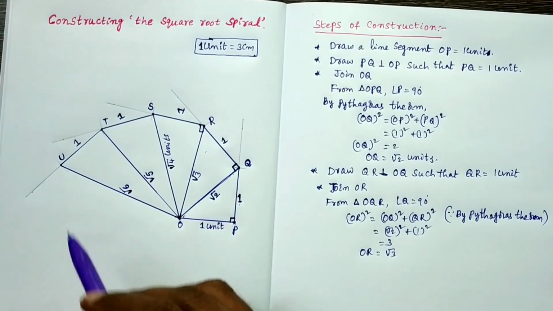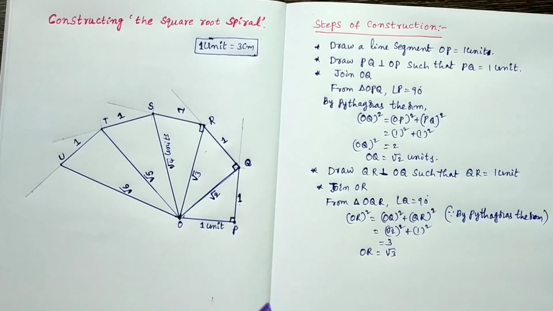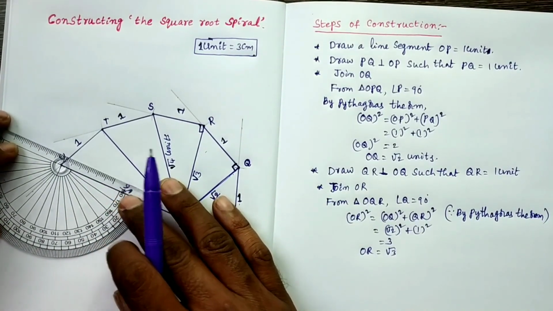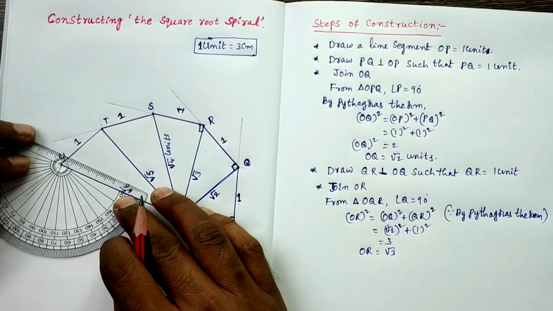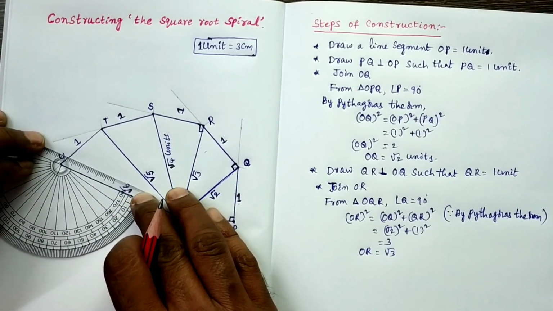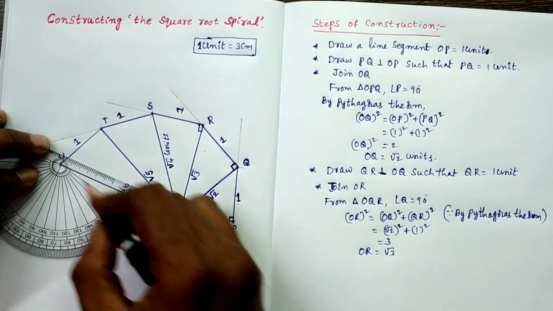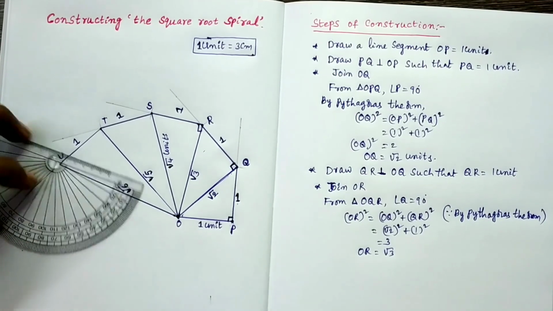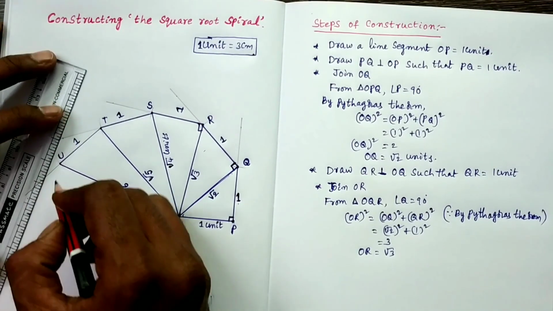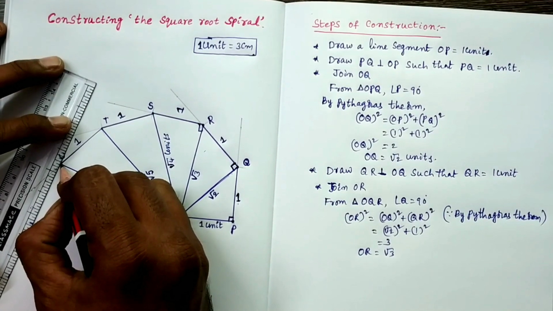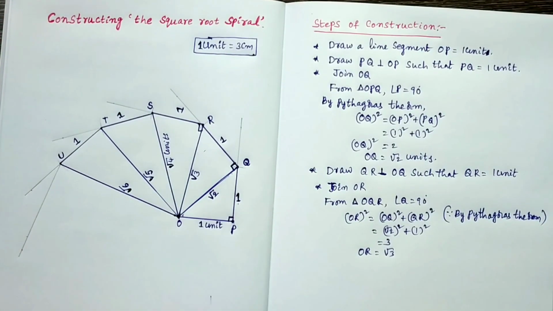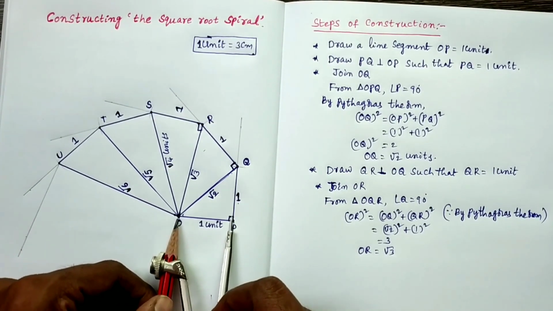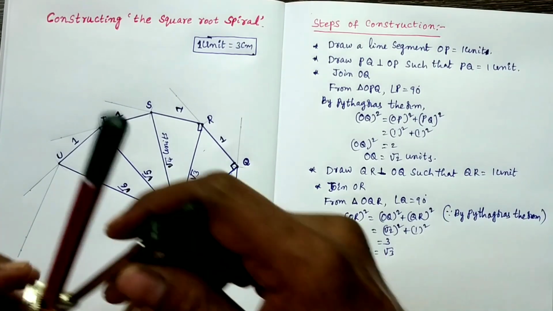Again you draw a perpendicular line to OU. You take 90 degrees at U. Draw a perpendicular line to OU, and take 1 unit as radius with compass.